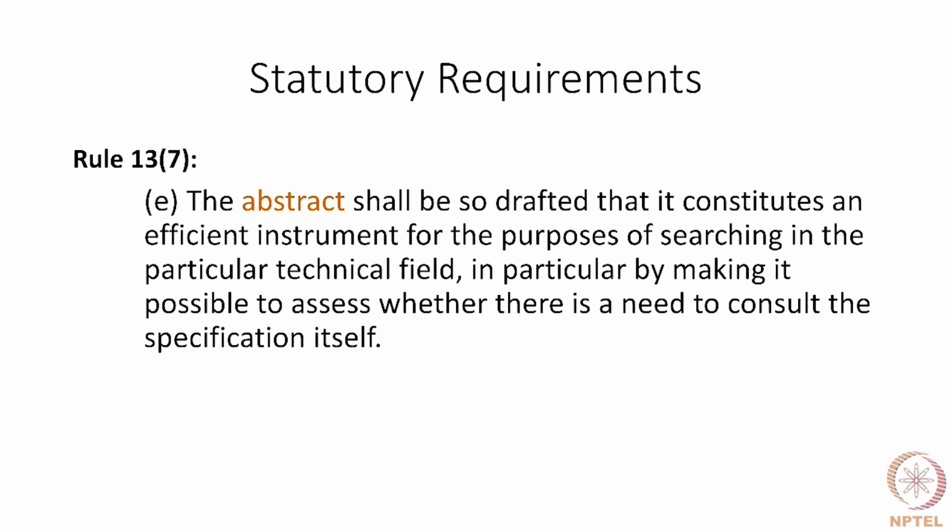So the abstract is important as a tool for searching. And the abstract should correspond to a technical field, because you have to disclose which technical field it pertains to so that it becomes easy to classify the invention. And we have already seen the importance of the classification and the classification codes. So once it is classified, then you would know that the abstract can be searched in a particular field, and in that field it will tell you the summary of an invention. And the role of the abstract is to make it an efficient instrument for search.